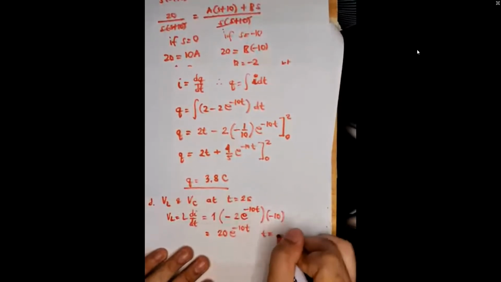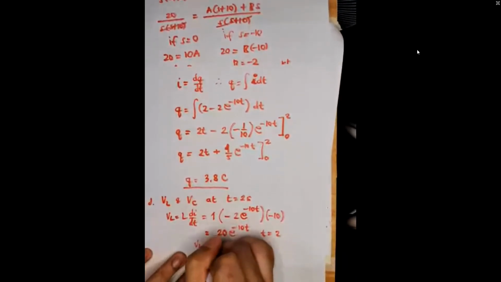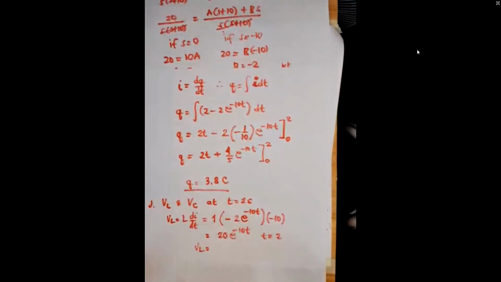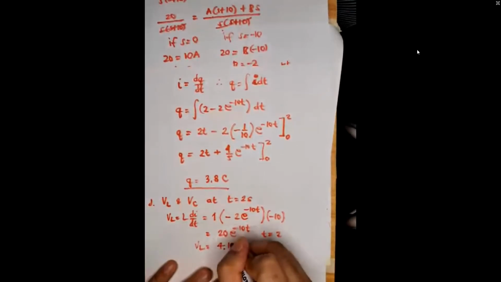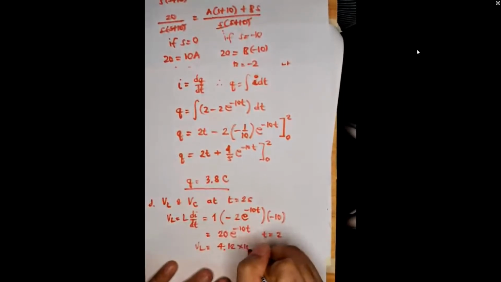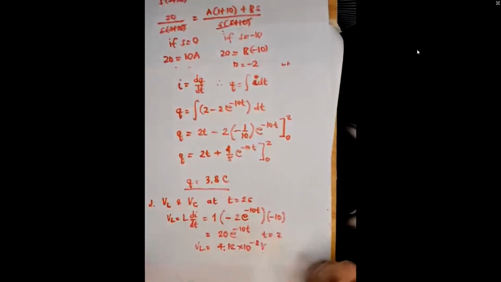So when t is equal to 2, so what is VL? Masyado yatang maliit. Tama ba? Masyadong maliit yung sagot ko. So that's around 4.12 times 10 raised to negative 8 volts.